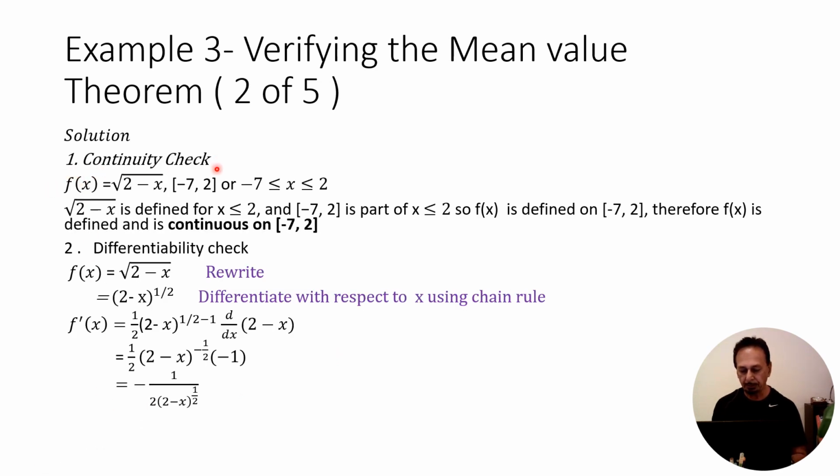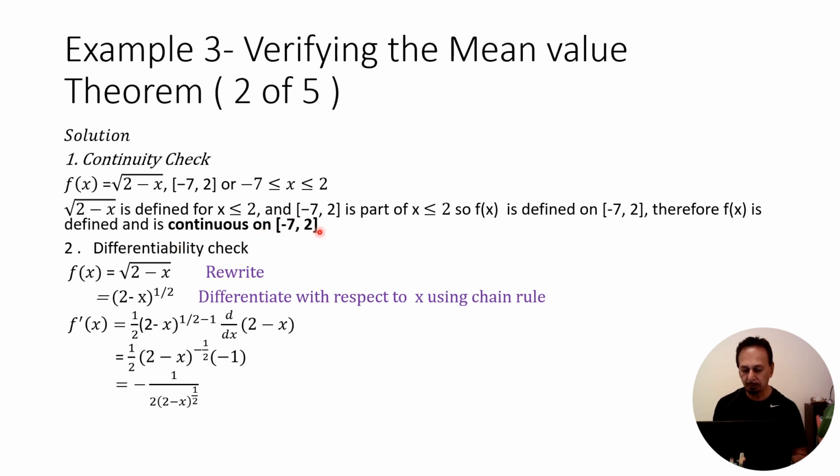Number 1, continuity check. f of x is equal to the square root of 2 minus x, and the interval is negative 7 to 2, or x is between negative 7 and 2 inclusive. The square root of 2 minus x is defined for x less than or equal to 2, because that's the domain of the square root function.